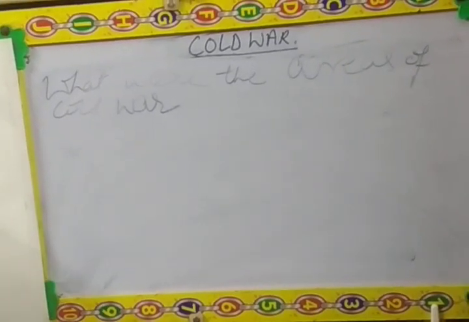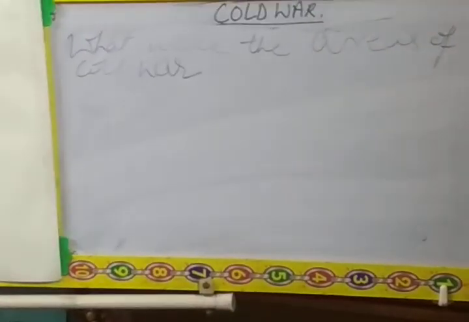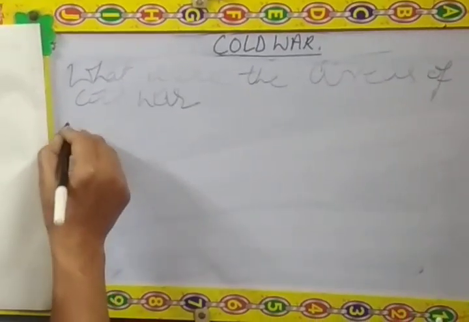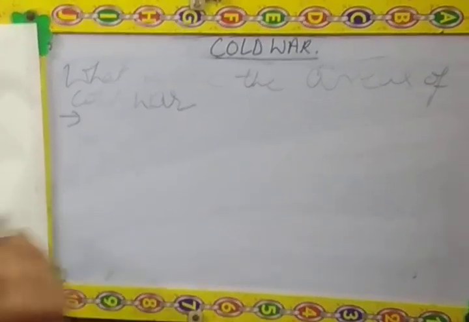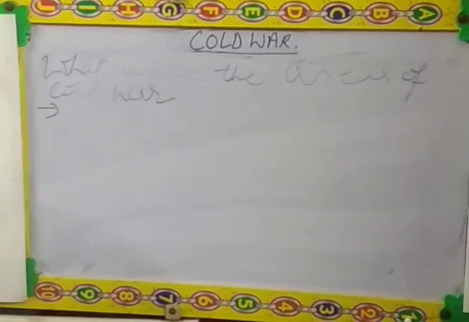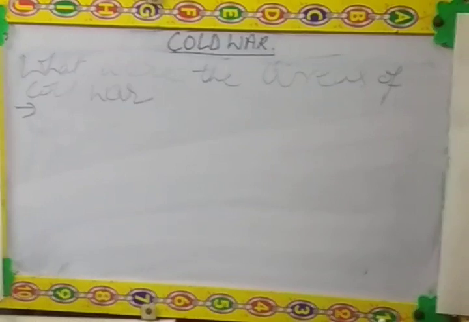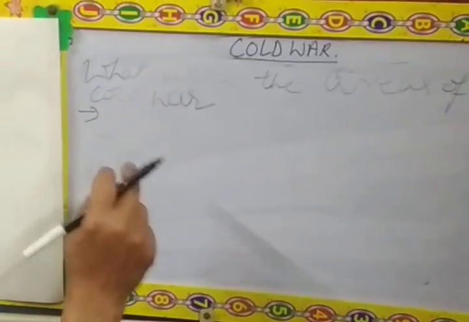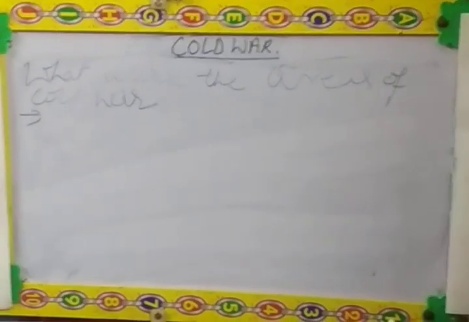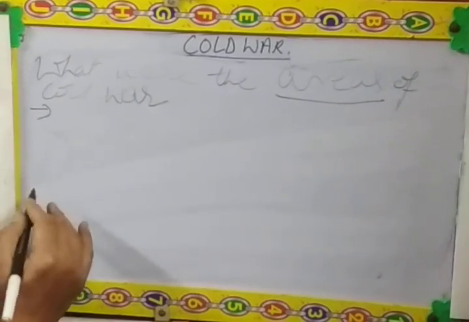That means the superpowers, as in the earlier video we had discussed, the crisis, tensions and conflicts between the 2 bloc powers. In a number of countries they had fought local wars. Such places are called the areas or the arenas.